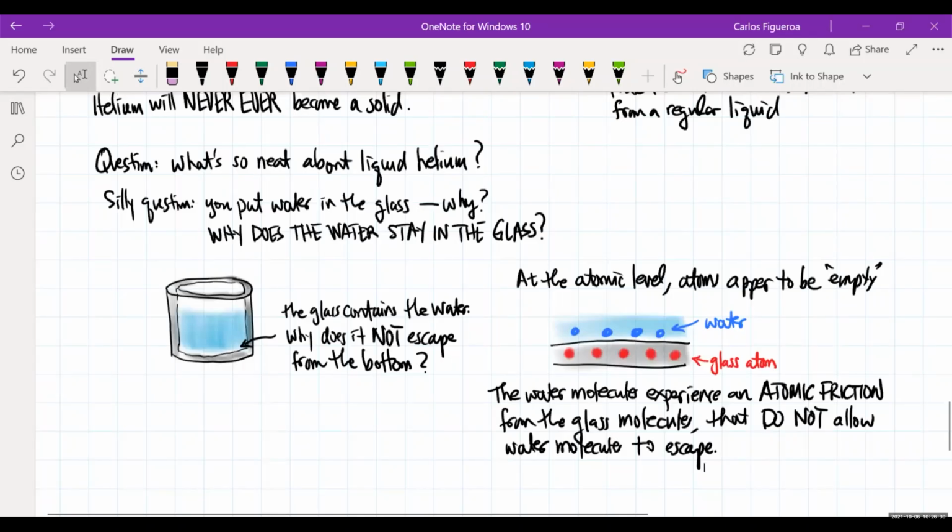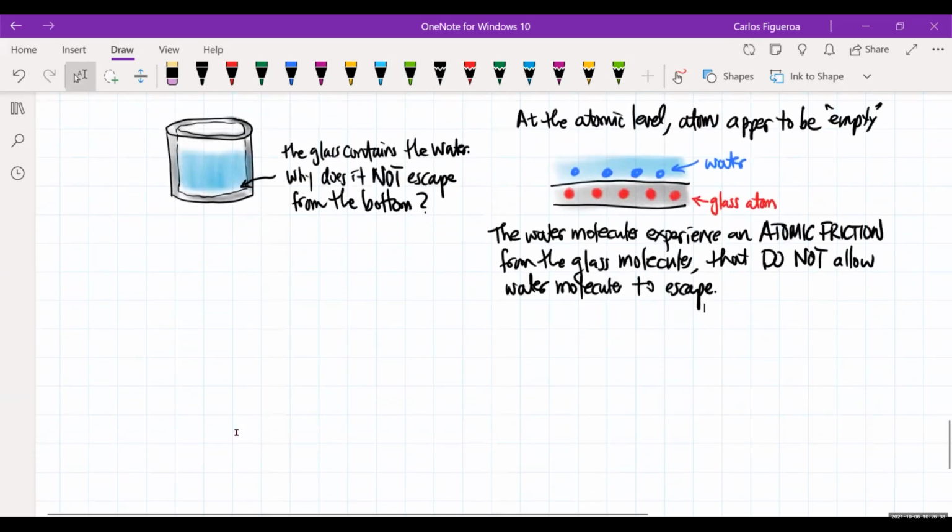Now, let's get to liquid helium. So now I want to take this discussion towards liquid helium. What do I know about liquid helium?